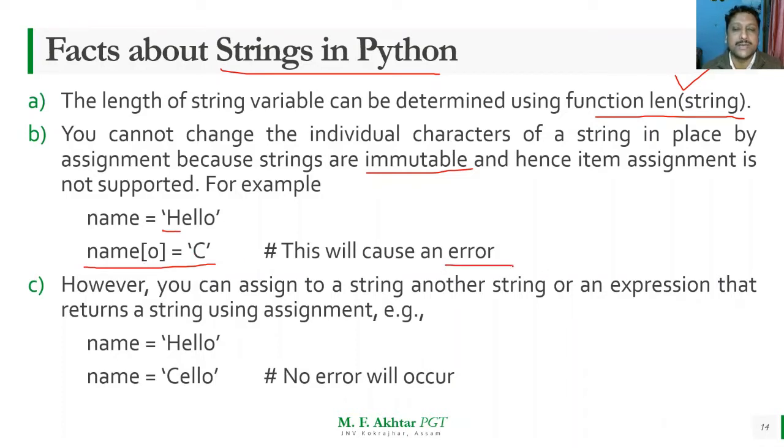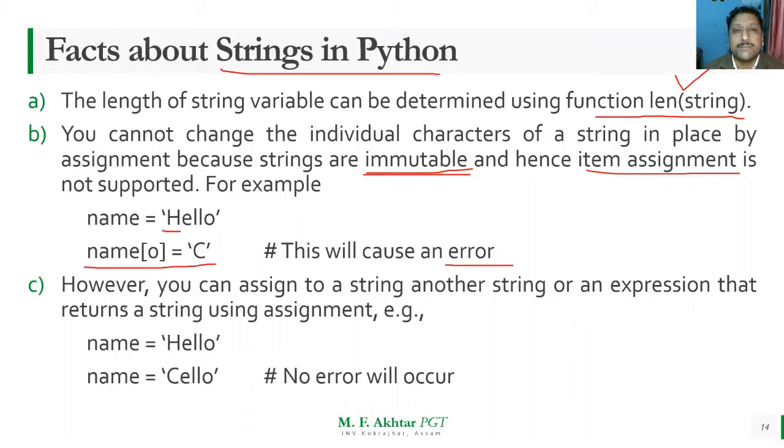This will give you an error because it is an immutable data type. In Python, some data types are mutable and some data types are immutable. An immutable data type, once created, cannot later have its individual letters changed. So item assignment is not supported.